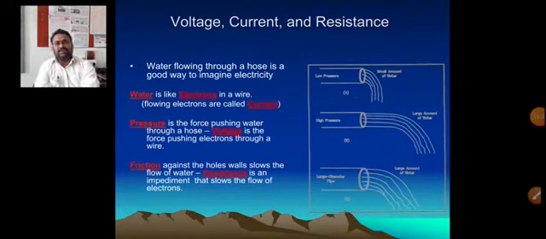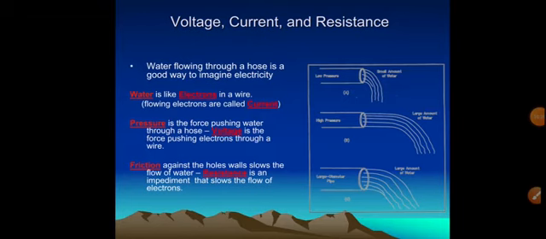So here you can see this diagram. You should know what is voltage, current, and resistance. Here you can see the diagram in which water is flowing through the pipe. In the first diagram, the flow of water is with low pressure.